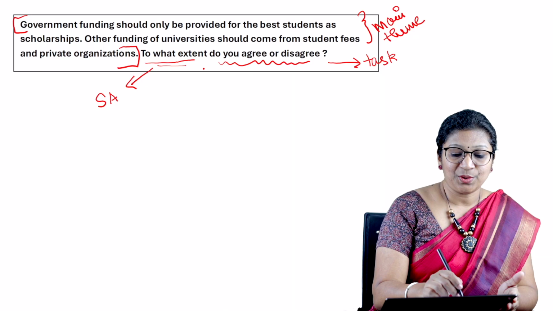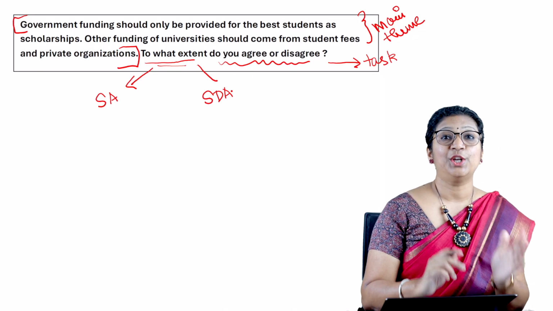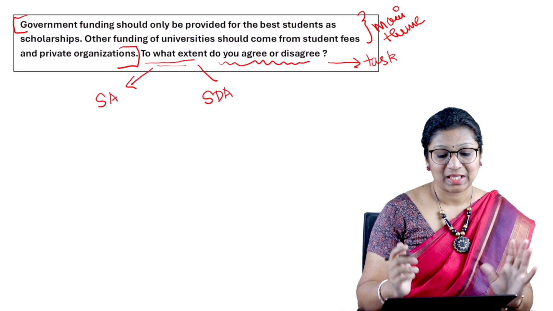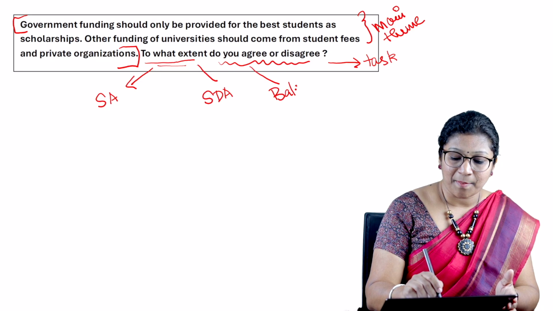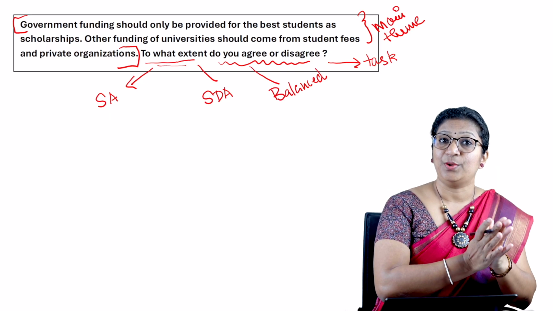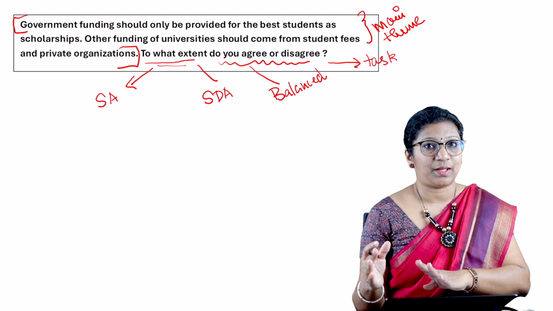Number 2, you can have a strong disagreement, which means you do not agree with the idea given at all. And number 3, you can have a more balanced opinion, which means to some parts of the idea given you have an agreement with, but to the other parts given you disagree with.